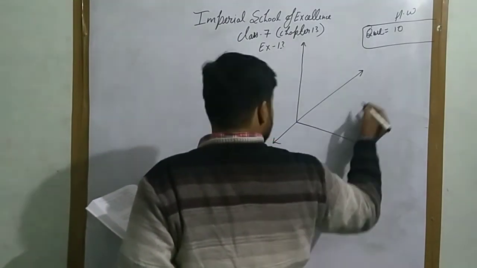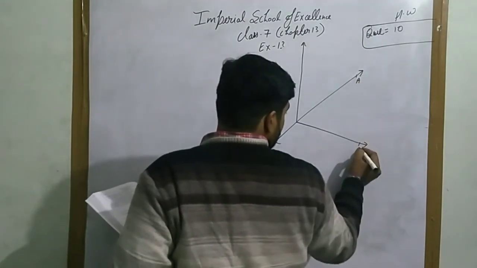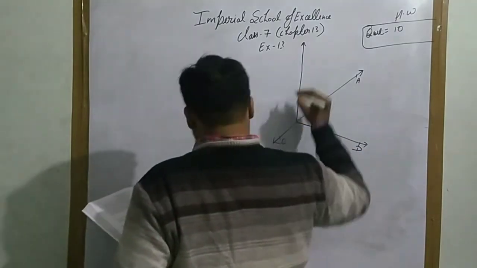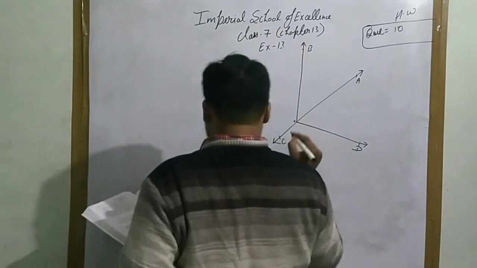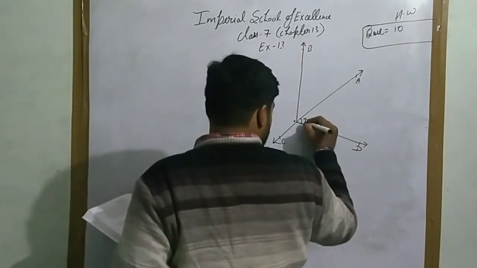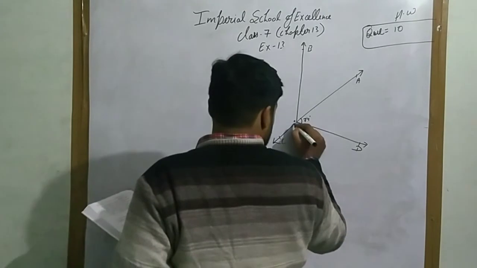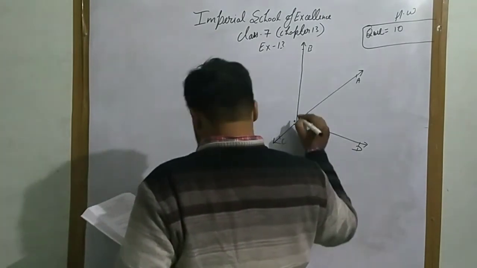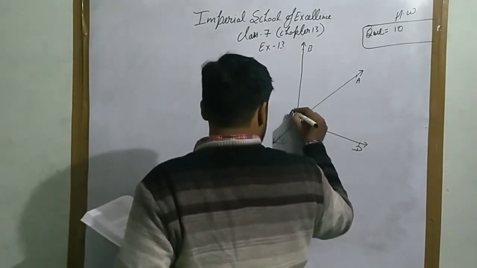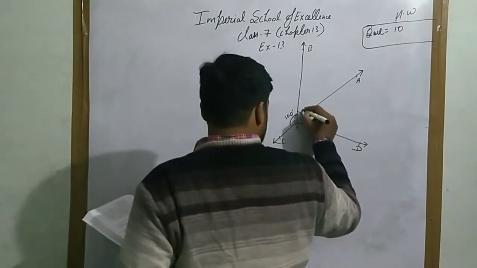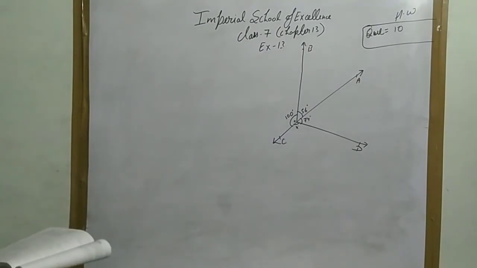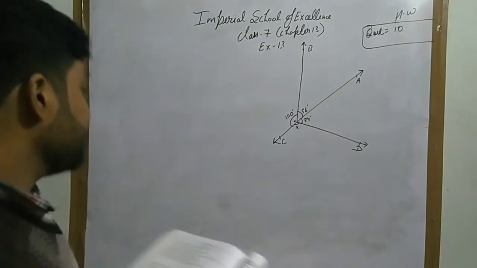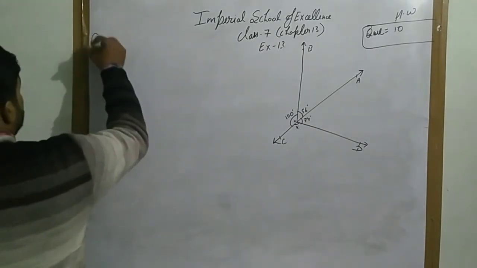Here it is given A, D, C, B, and this is your O. This is 74 degrees, this is X degrees, this is 100 degrees, and this is 56 degrees. In this question, the hint is also given: the sum of all angles around a point is 360 degrees.